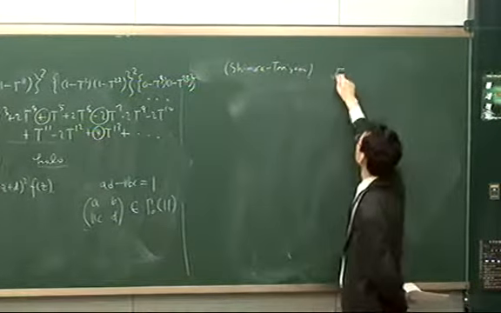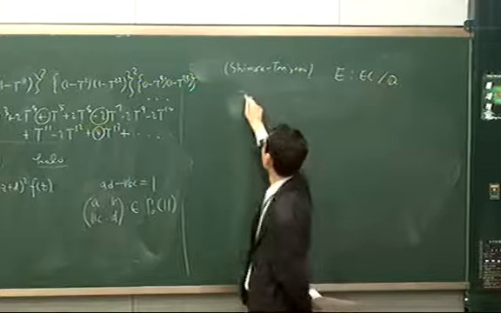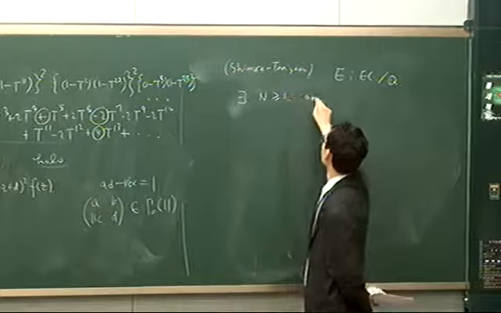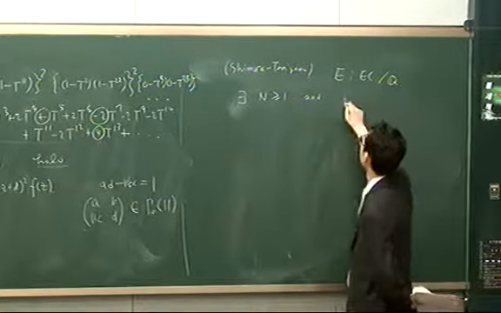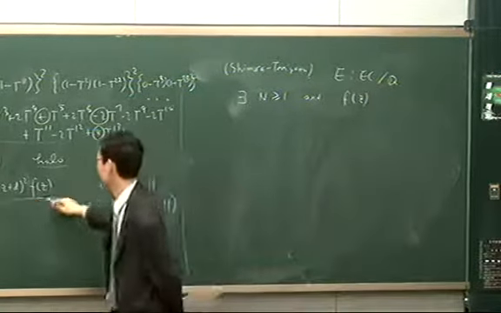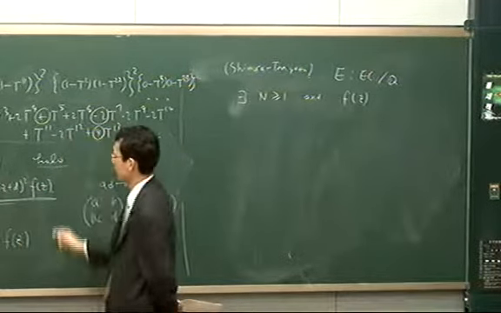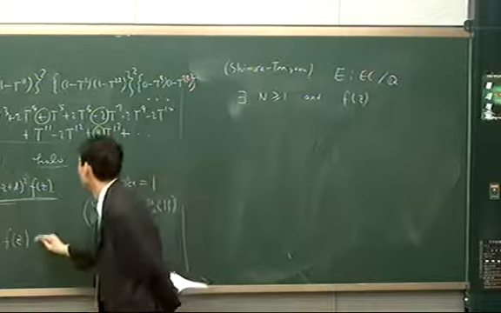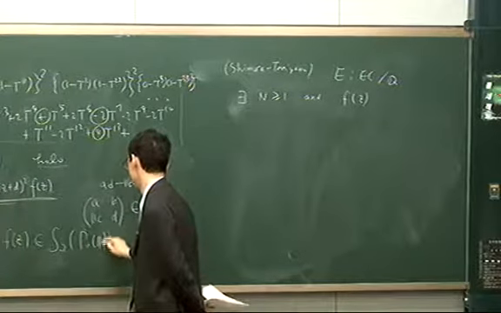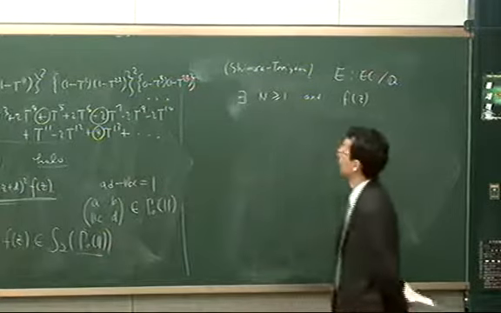If E is an elliptic curve defined over Q, then there exists a positive integer N and a certain function f. We call this function, which satisfies this transformation rule, a cusp form of weight 2 with respect to the congruence group Gamma_0(11).